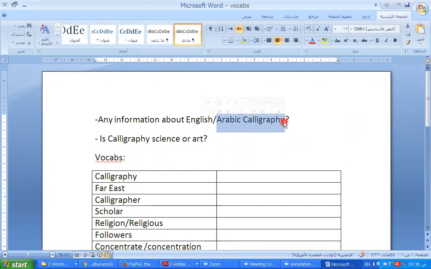So in Arabic, we have different kinds of calligraphy. Do you have any idea about some of them, in your mind? I believe in all our culture, the Islamic culture, it's heavily focused on calligraphy, mainly in mosques, and also poetry books and stuff like that. Exactly.